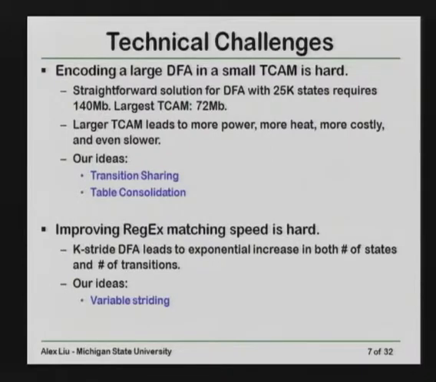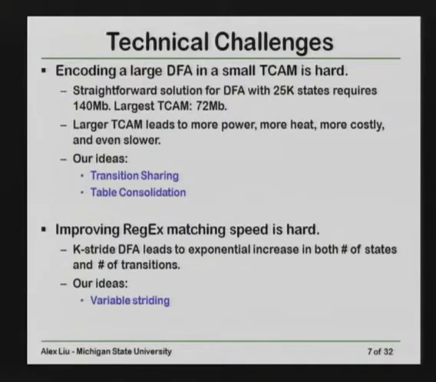Also, larger TCAM leads to more power, more heat, and more expense, and larger TCAM will also be a little bit slower. Smaller TCAM will be faster. Just a single TCAM chip costs a lot of power. For example, in routers with TCAM, the TCAM itself costs about 10% of the overall power. So we have two ideas to address this challenge: one is transition sharing, and another is table consolidation, which I will go over in this talk.